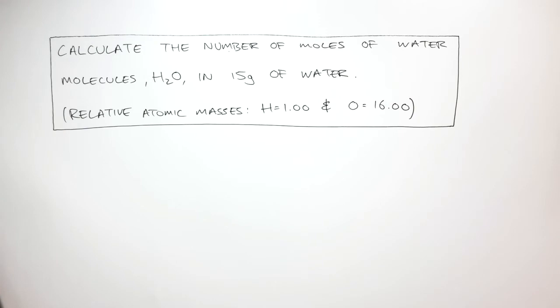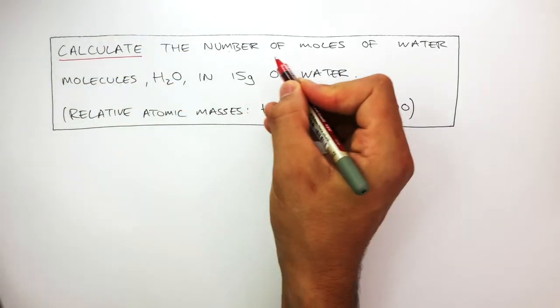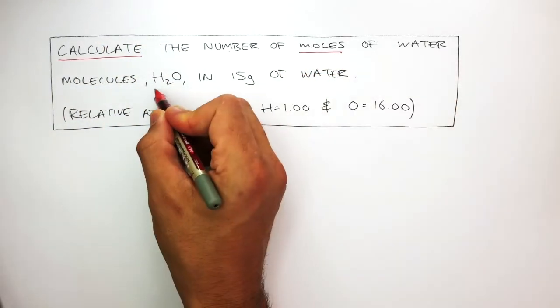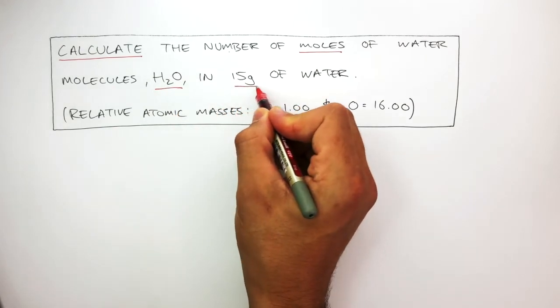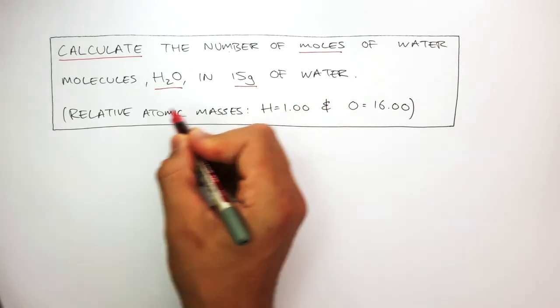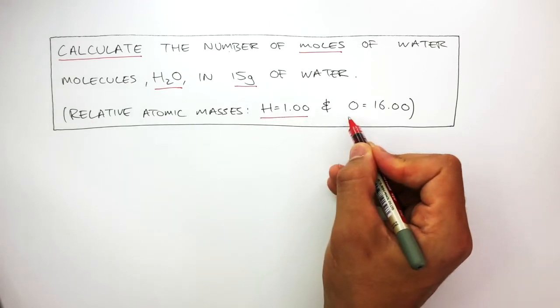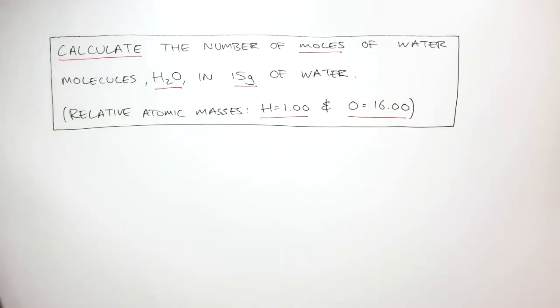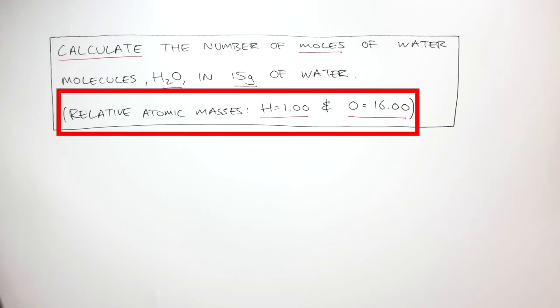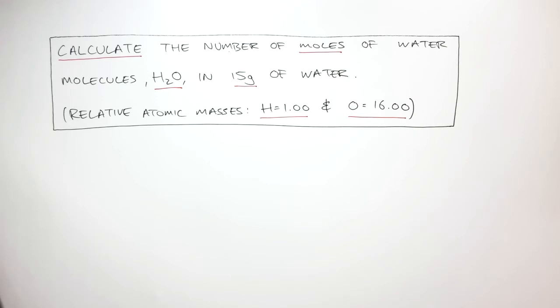So the question is asking us to calculate the number of moles of water in 15 grams of water, where the relative atomic masses of hydrogen is 1 and oxygen is 16. In the exam, you will always be given the relative atomic masses, or you can just find that data in the periodic table.